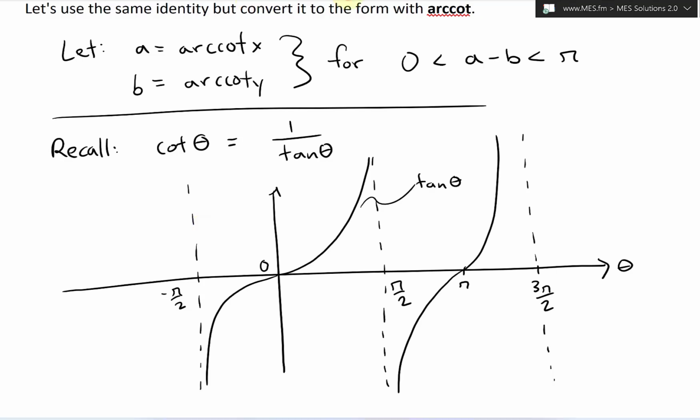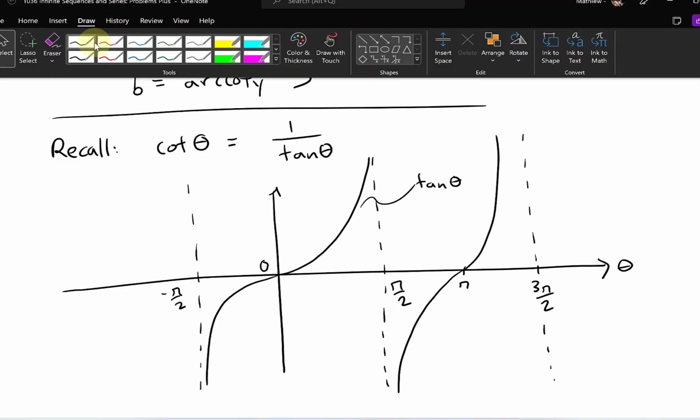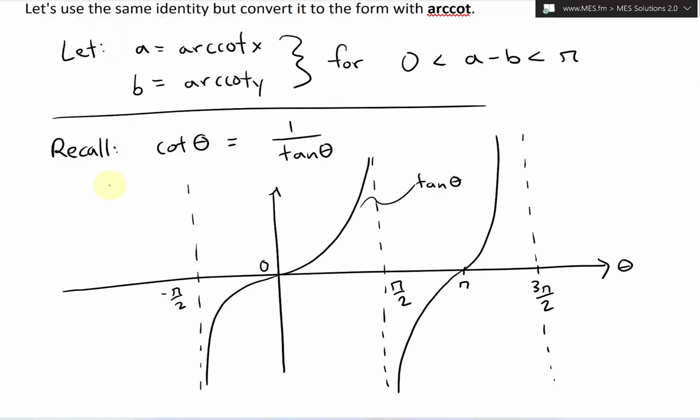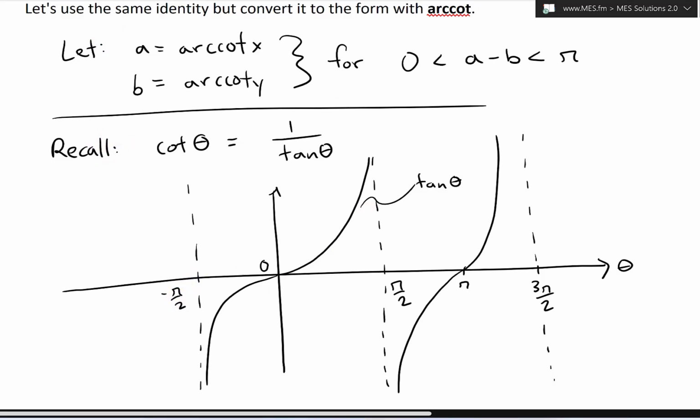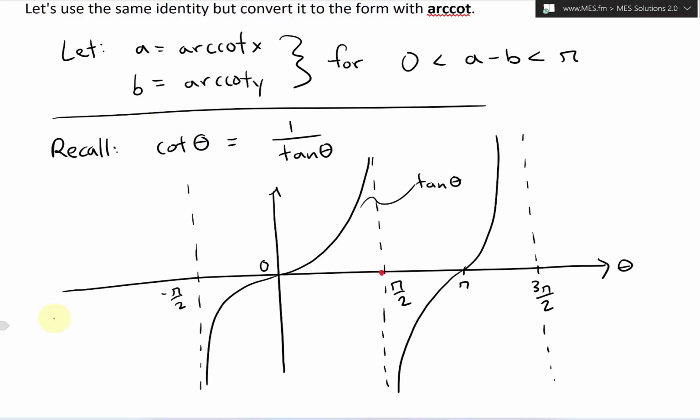So now, if I draw in red, let's go here in red. Okay, so I'm going to draw in red now for cotangents. Remember, cotangent is 1 divided by tan. So then over here, as it goes to infinity, it's actually going to 0. And as it goes to 0, you'll have 1 divided by infinity, so that goes over like that.